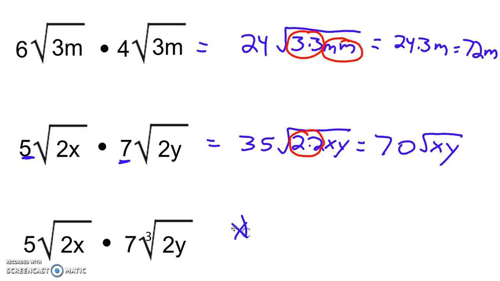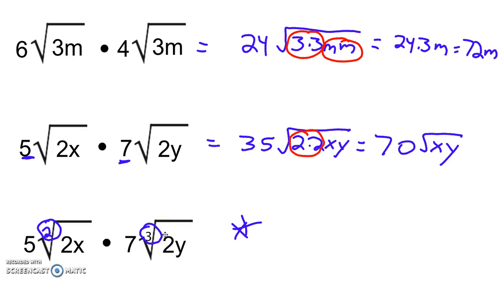Watch out for cases like this last example. It's okay that I don't have like terms. What I can't do is combine different indexes. Remember that there's a 2 there if there's not anything written. I can't combine these under the same radical symbol because one is a square root and one is a cubed root.